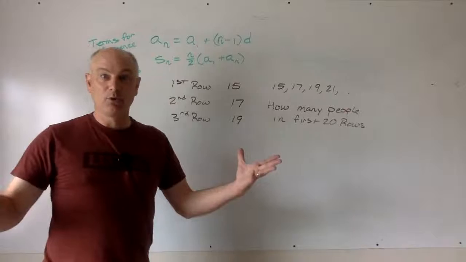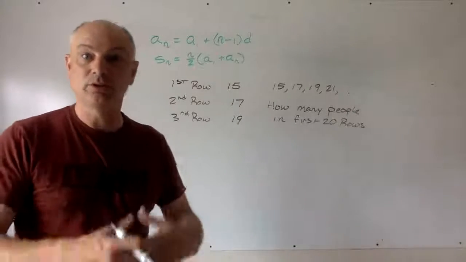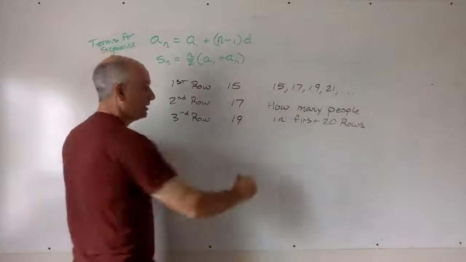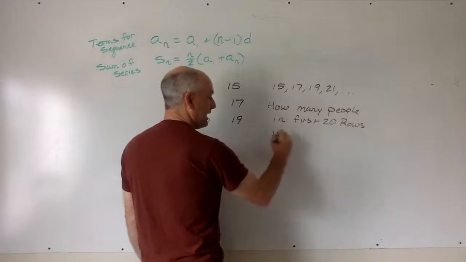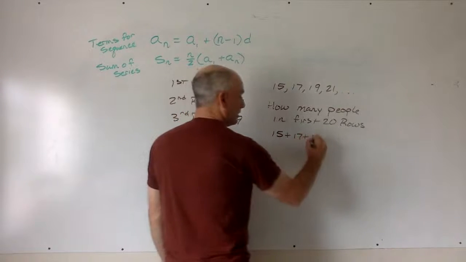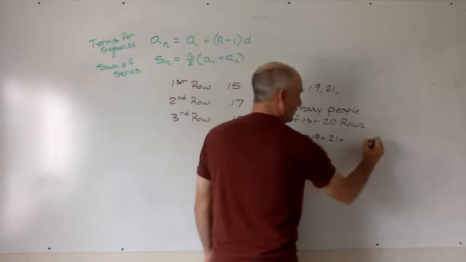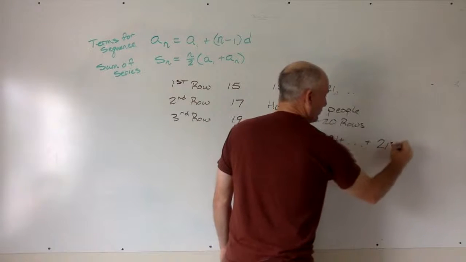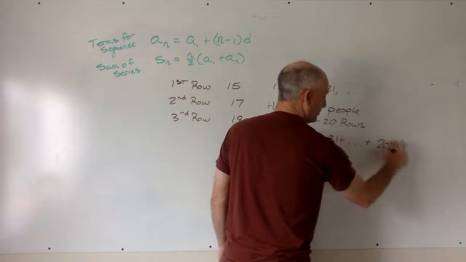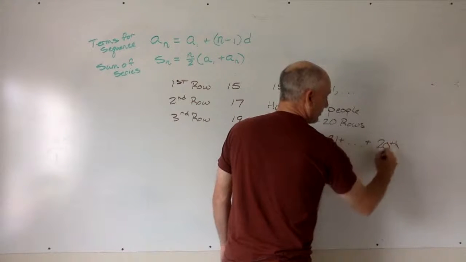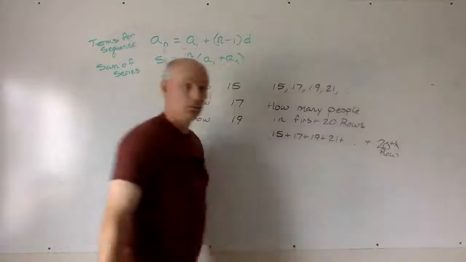And all the people from row 1, plus all the people from row 2, all the people from row 3. We're essentially looking at adding all the way out to the 20th row.